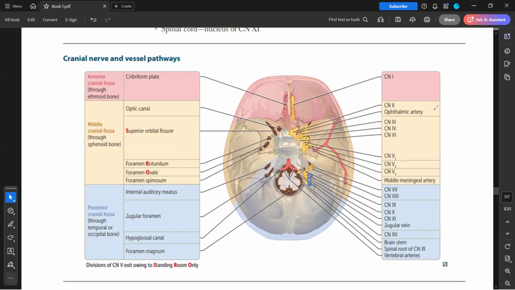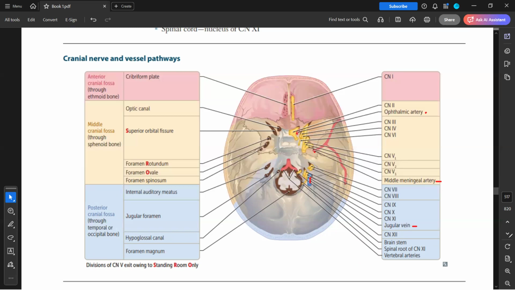So, the ophthalmic artery, the artery for your eyes, is right here, and the middle meningeal artery is this one, and then it brings us to the jugular vein, which is right here.